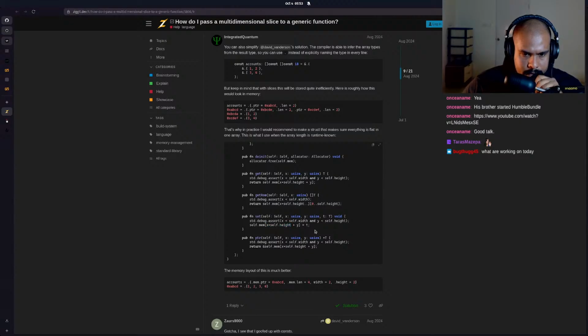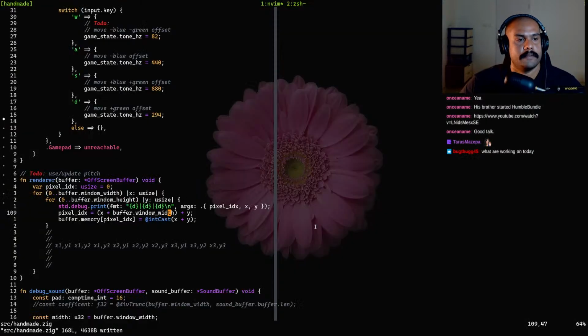X times self dot height plus Y. What am I missing?